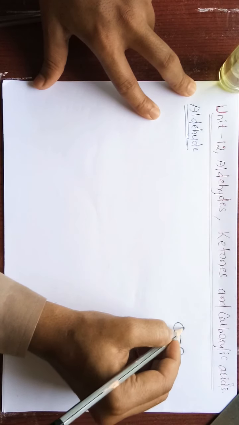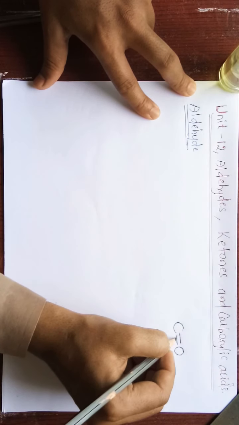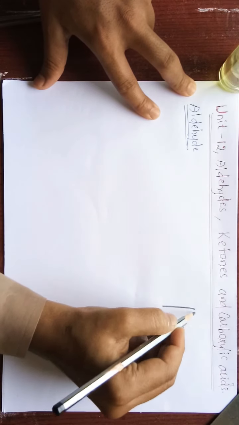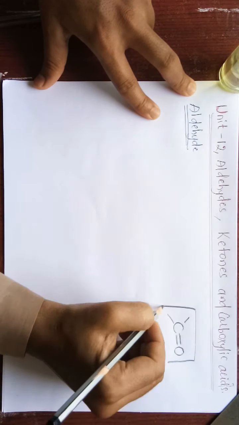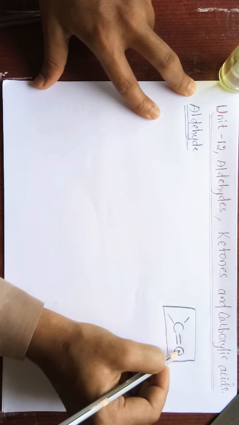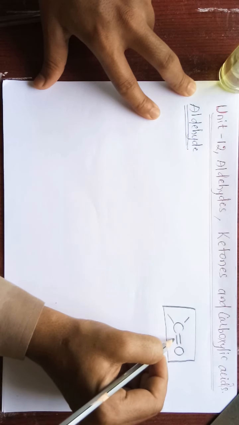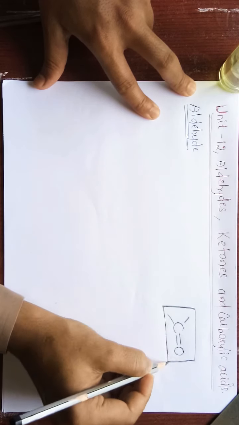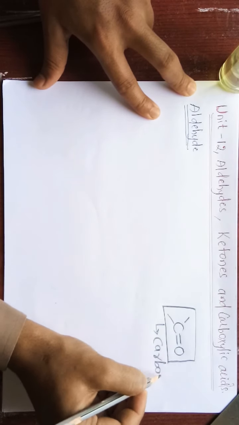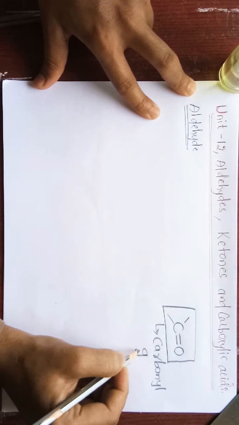We know carbon has 4 valency, 1 2 3 4. This part means carbon and oxygen having a double bond. This we are calling the carbonyl group.